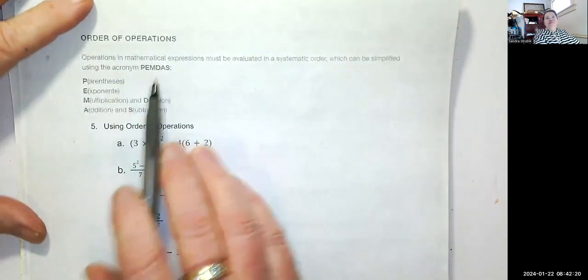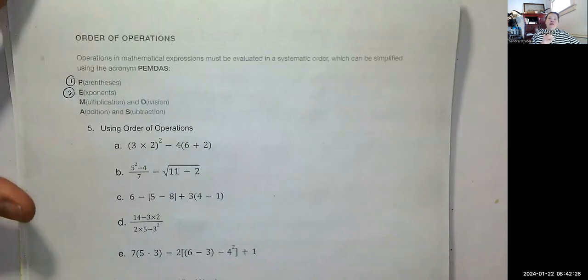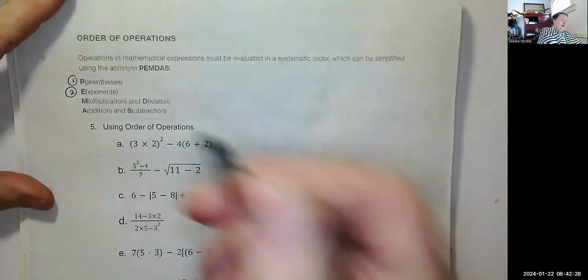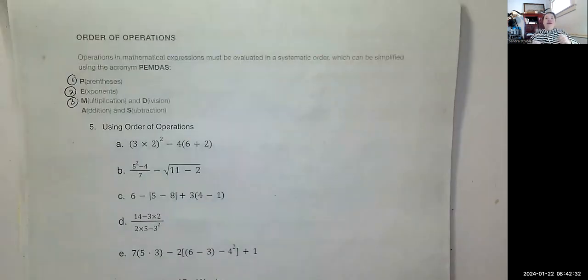PEMDAS is just the acronym for you have to do parentheses first, exponents second, multiplication and division. This is where the struggle happens. It's not multiplication first, then division. It's whoever comes first in the problem from left to right. You always work your problem from left to right, with the exception of parentheses and exponents. You do them first.